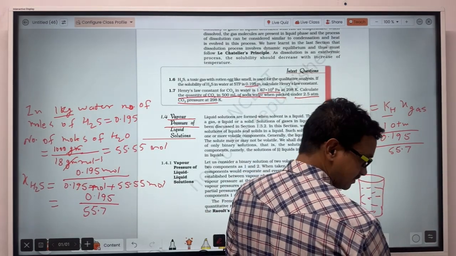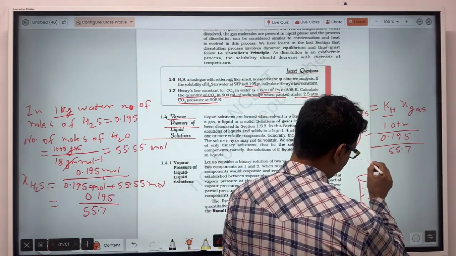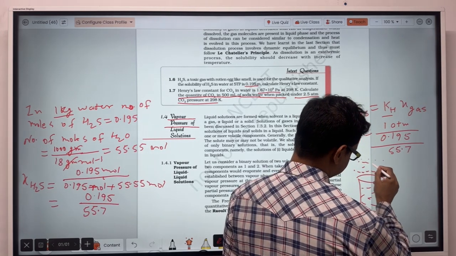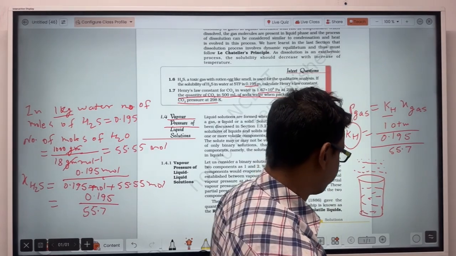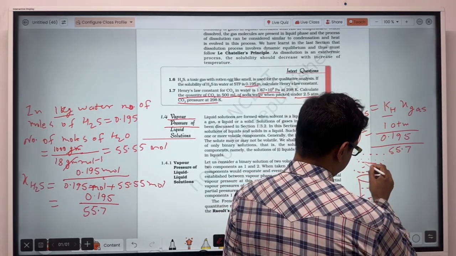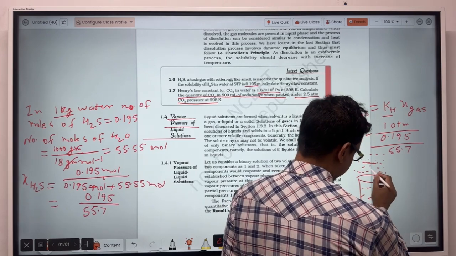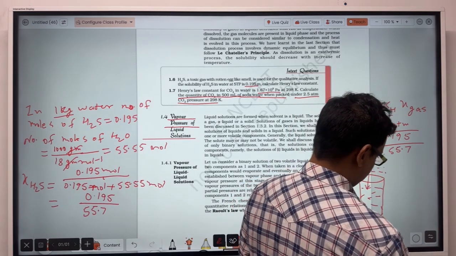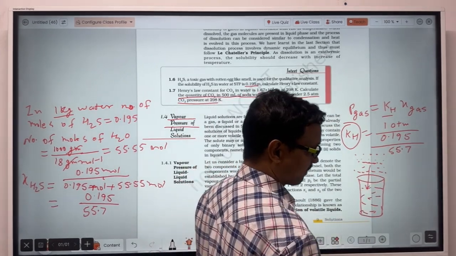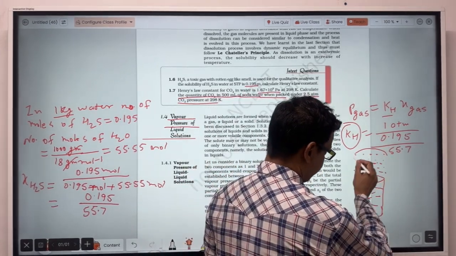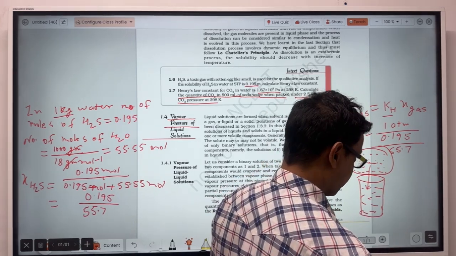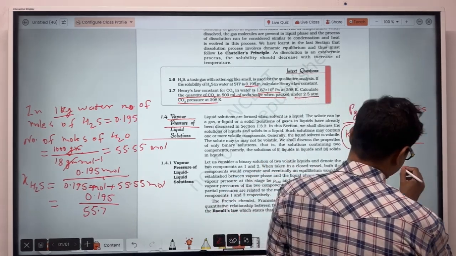The liquid particles undergo transition to the vapor phase, maybe at room temperature or if you supply heat energy. These liquid particles undergo transition to the vapor phase, and that vapor exerts pressure over the surface of the liquid.